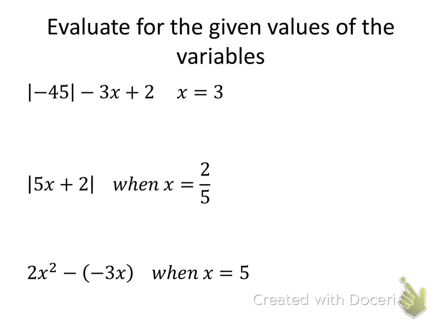The next section that we have on your test is they're going to have us evaluate or solve whenever we have a variable in the problem. But what they've done is they've given us what that variable equals. Some of these problems have absolute value bars in them, and some of them have exponents. So we're going to need to remember what we learned in Chapter 1, which was order of operations, to solve these type of problems.